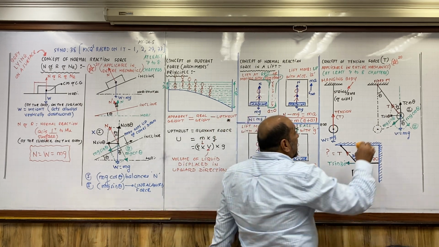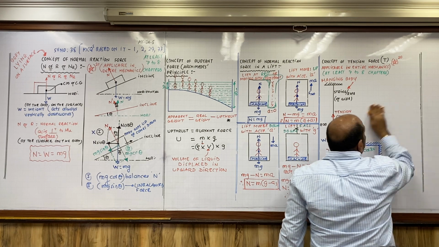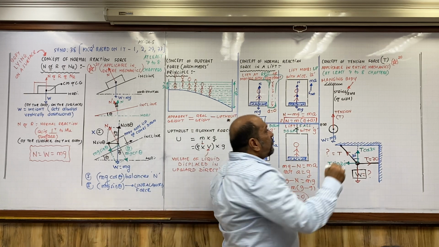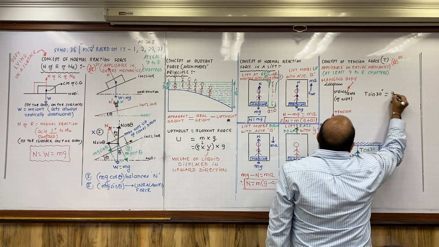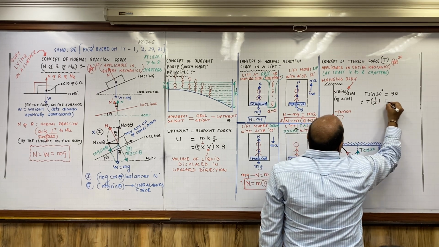Should we compare left with right, up with down, front with back? Left with right. So T sin of 30 degrees is matching with 30. That means T into half is 30.